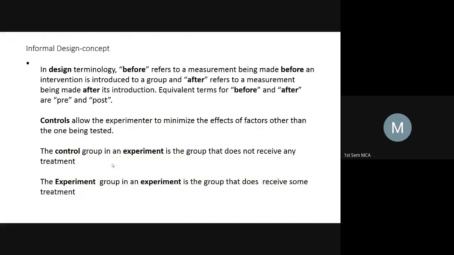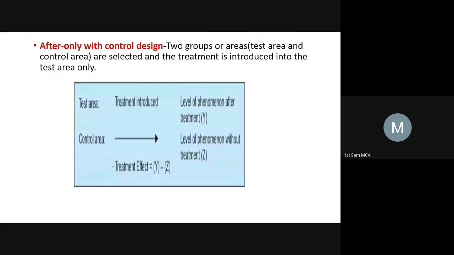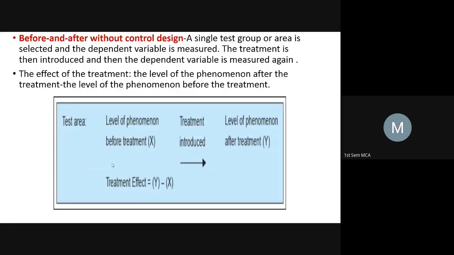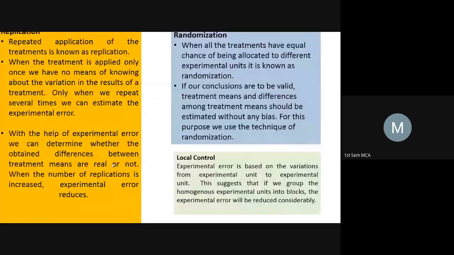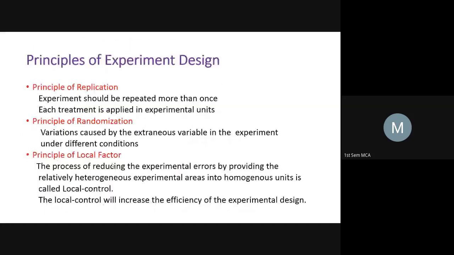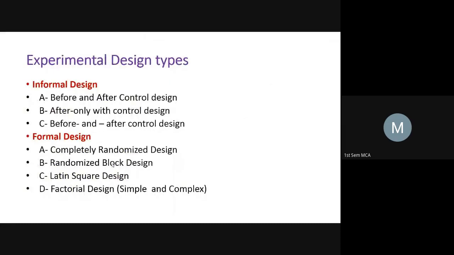This is informal design concept. So we have studied some conceptual preliminaries. Then we have studied the principles of experiment design with examples. Then we have two categories, informal and formal design, and we have seen there are three categories in informal design.